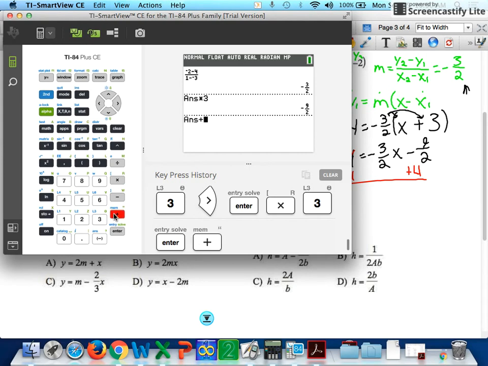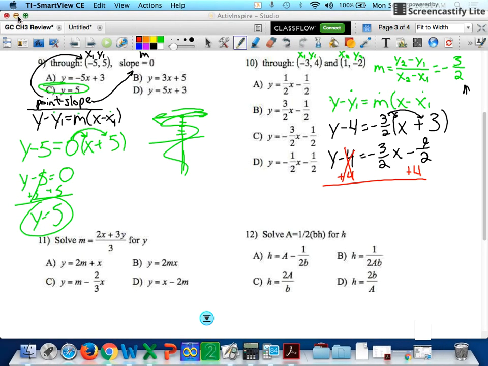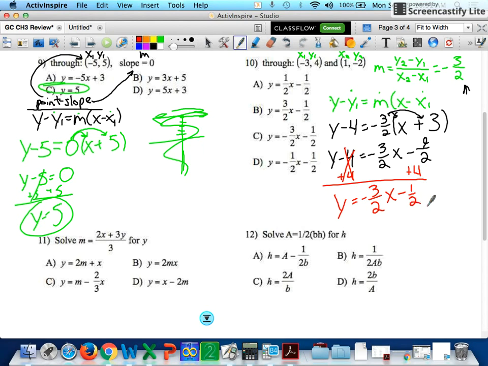So if I do plus, our calculator says, hey, I think you want to use that last answer, right? And I do. Plus 4, press enter. Again, you can type in the fractions again if you do better that way. It's not a big deal. I get a -1/2. So I have y equals -3/2 x, and then this all totaled up to be -1/2. I'm looking for that answer. There it is.